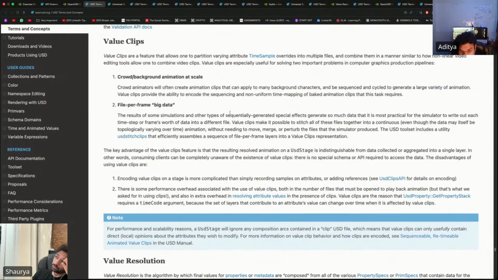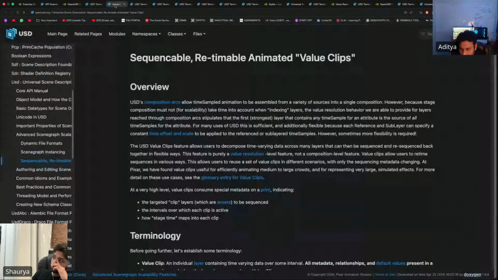Oh my god. Retimable animated value clips. USD's composition arcs allow time-sampled animation to be assembled from a variety of sources into a single composition. However, because stage composition must not.